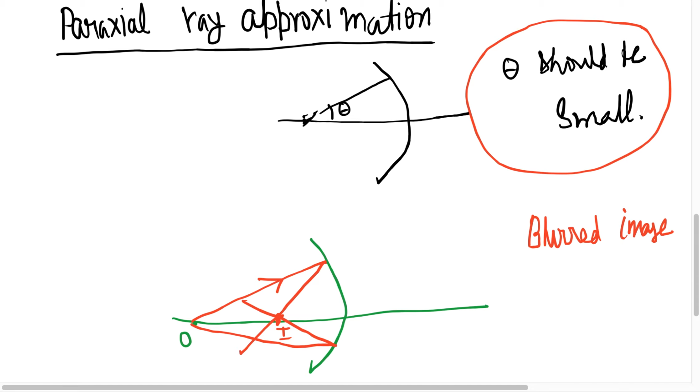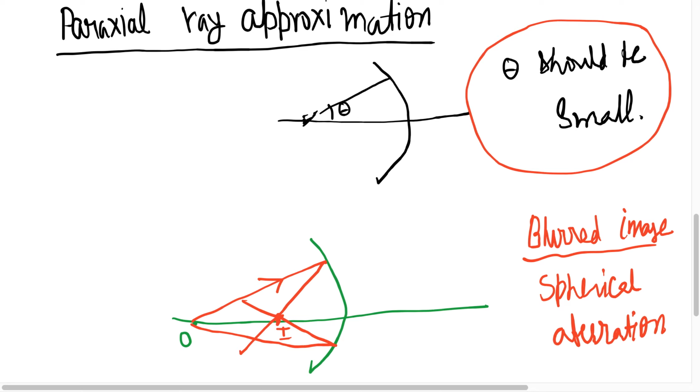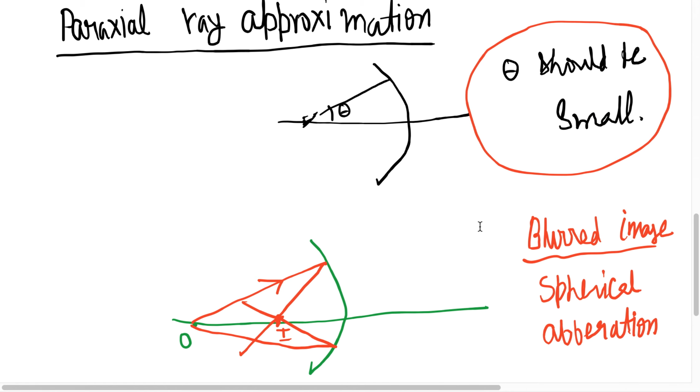And this is called spherical aberration. So for a small theta, I don't get a spherical aberration, and that's why I will work in the regime where theta is very small, and this approximation is called paraxial ray approximation.